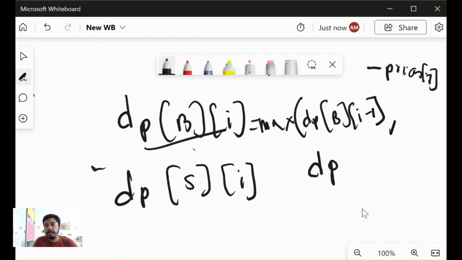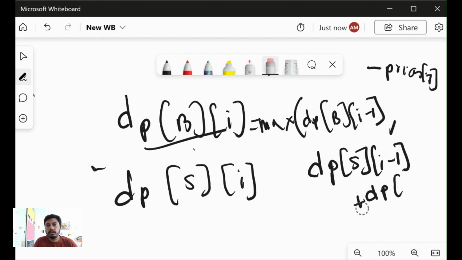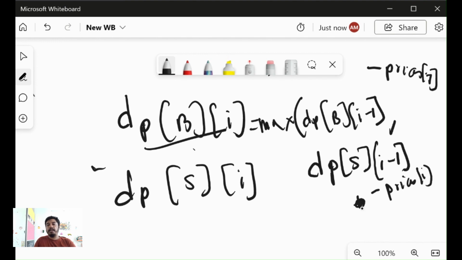So my profit for day I would be DP S of I minus 1 minus prices of I. So this is my maximum profit with DP B of I that I can make.